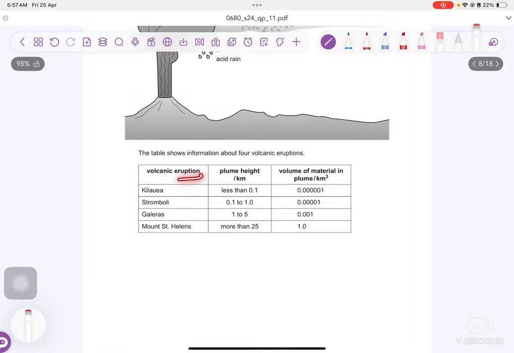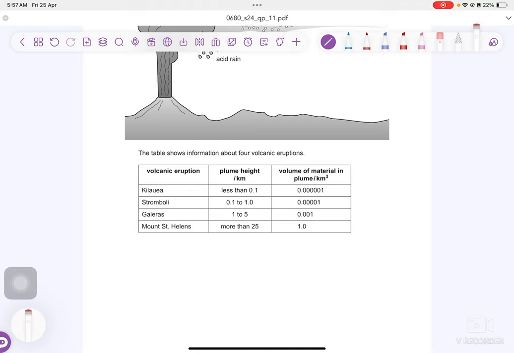Volcanic eruptions, they're talking about different places. I don't know how to pronounce them, but we have Kilauea, Stromboli, Galeras, and Mount St. Helens. Whatever, I'm sorry if my pronunciation is wrong.